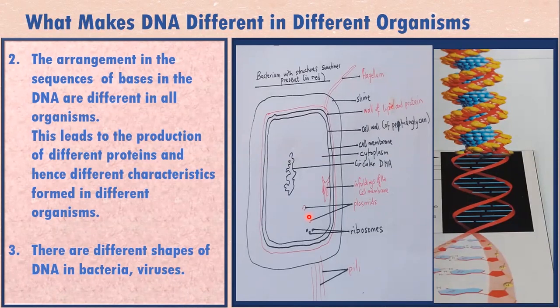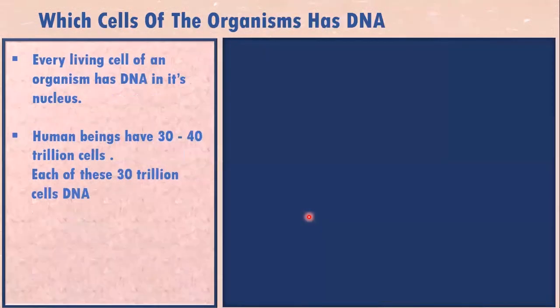Well, we have other things to talk about. Which cells of the organism have DNA? You have organisms like a human being. Researchers have found out that human beings have about 30 to 40 trillion cells. And every living cell has DNA in its nucleus.